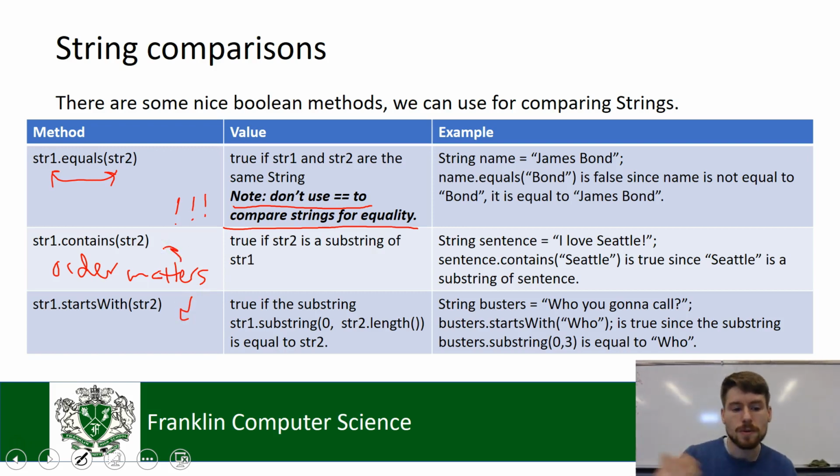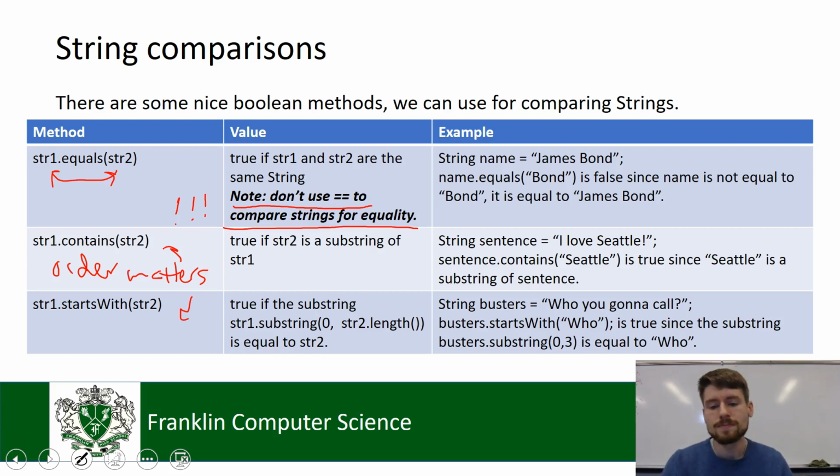String 1 dot starts with string 2. That's true if the first string 2 dot length characters of string 1 are the same. So here's an example: string busters equals who you gonna call, and busters dot starts with who.